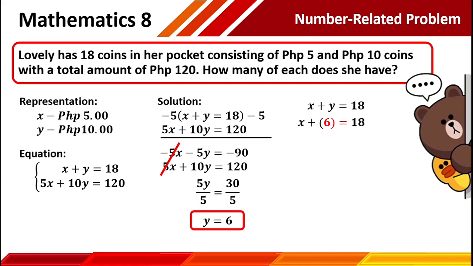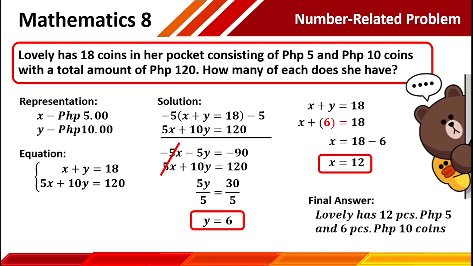Using the addition property of equality, we will be subtracting 6 on both sides, so we will have x is equal to 18 minus 6, or simply x is equal to 12. Therefore, Lovely has 12 pieces of 5 peso coins and 6 pieces of 10 peso coins in her pocket.